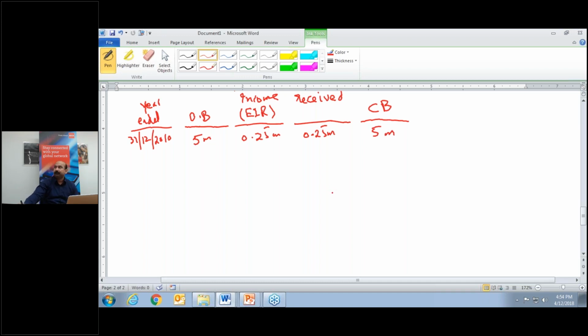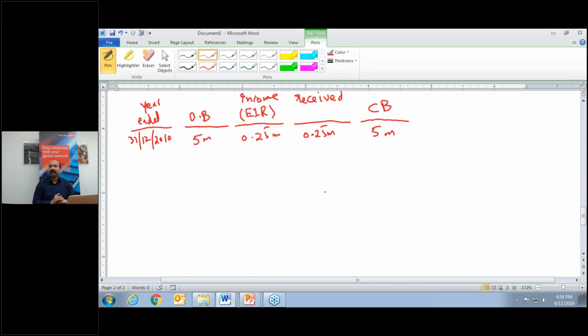Now what happened? Because we are classifying this financial asset at fair value through profit or loss, and information is given in the question that there is a change in the effective interest rate. At 31st December 2010, the effective interest rate is now 6%.